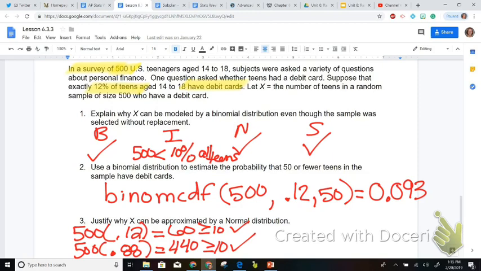So if I wanted to do that, I would use normal CDF. And I want 50 or fewer teens. So remember, if we don't have a lower bound, we use negative 9,999 up to 50. And then our mean would be 60.